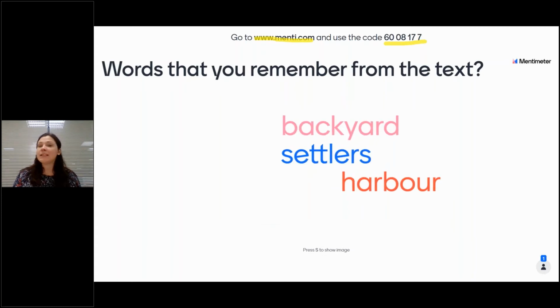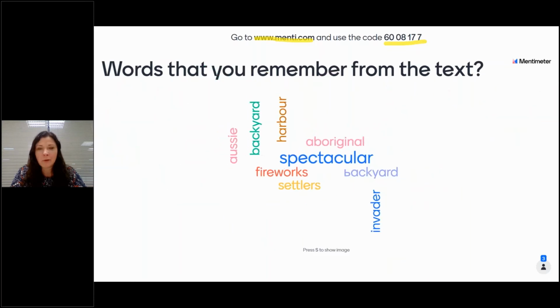Not even from the activities that are great, but just from the text. Which 3 words will help you describe this text? Oh, wow, we have more and more answers.